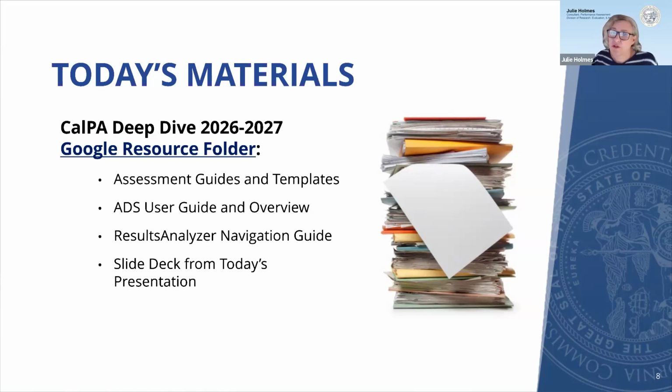As a reminder, results analyzer, where you get the data from evaluation systems each month, that is also in there if you need a refresher on how to navigate that results analyzer data. And at the end of today's presentation, we will PDF this whole presentation and we'll put it in the Google resource folder. But we do like to wait till the end of the presentation. So we will have that later today.